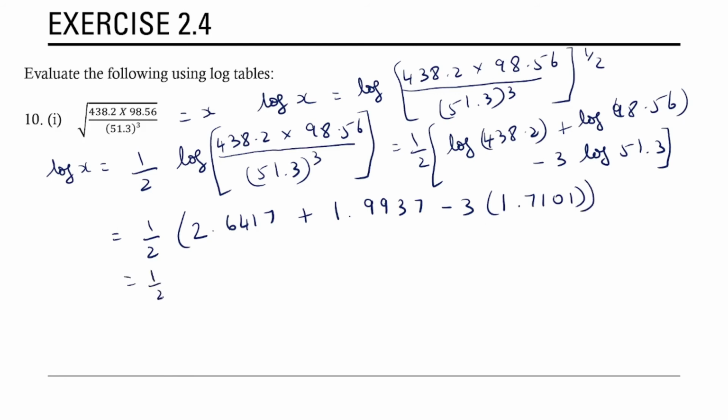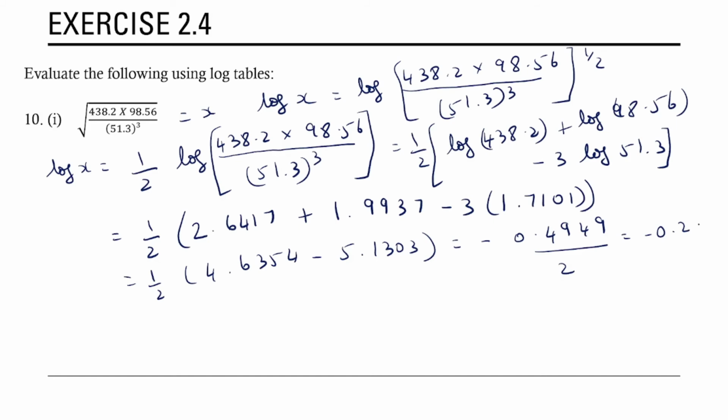So this is equal to half of 4.6354 minus 5.1303. So if we subtract, we get minus 0.4949 upon 2, or it is equal to minus 0.2474.